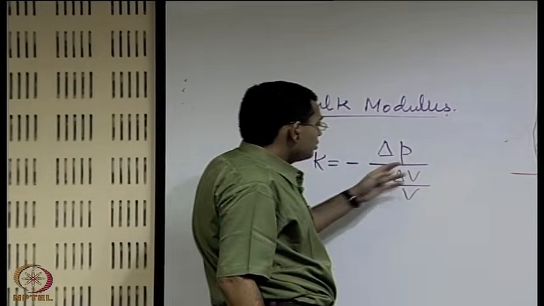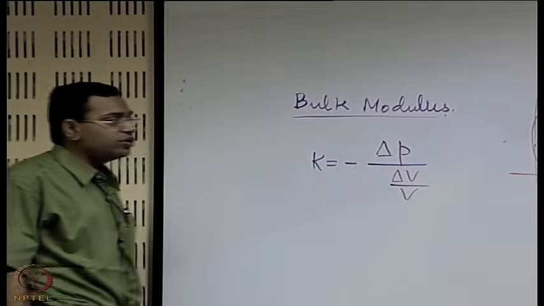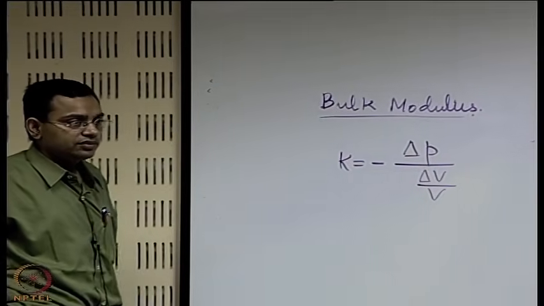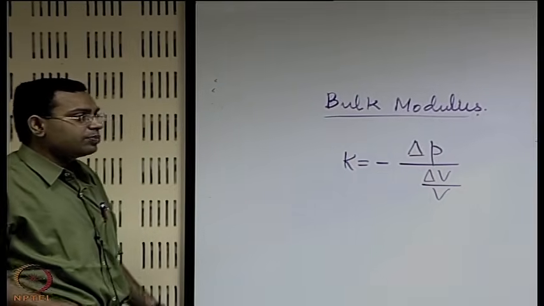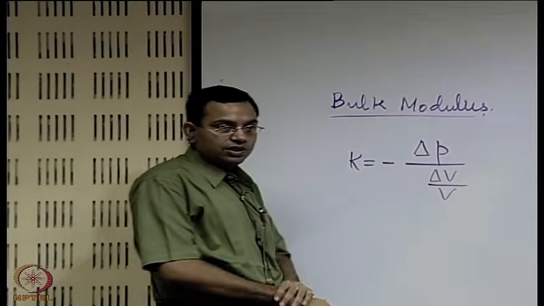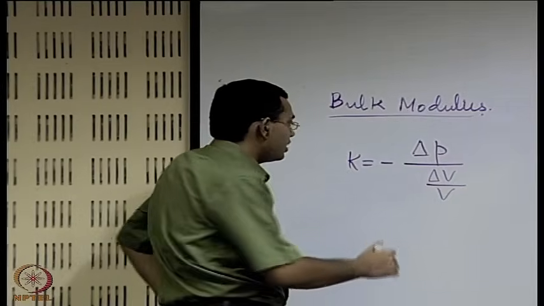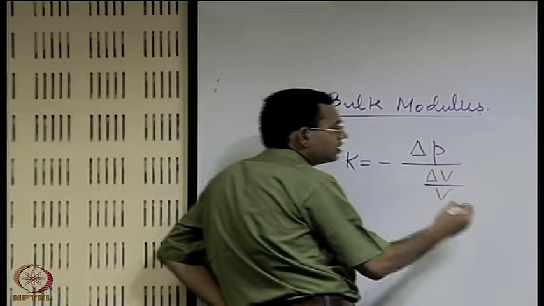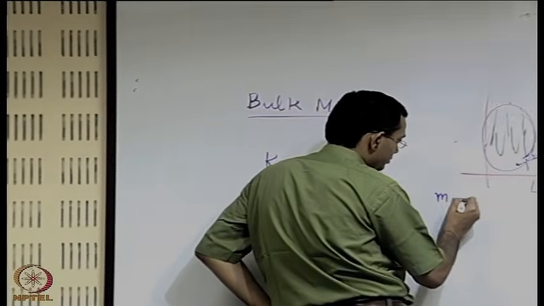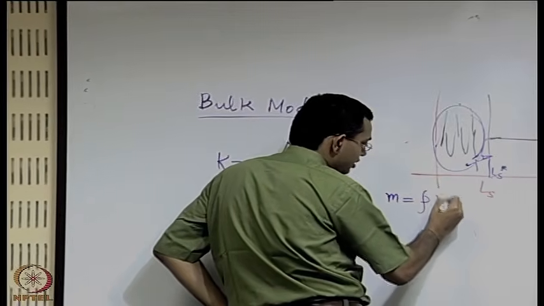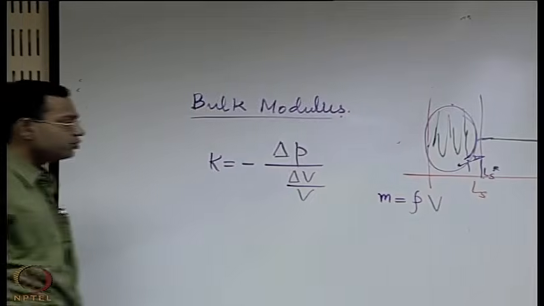Now you can relate the change in volume with the change in density. How is it possible to relate the change in volume with the change in density? So consider the mass of a fluid element. That is the density into volume.